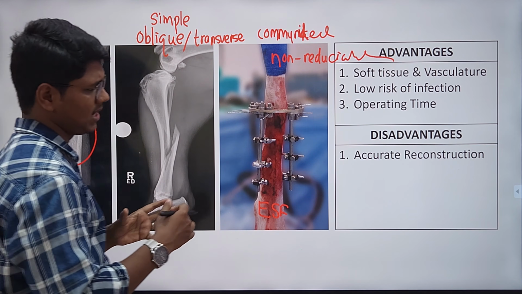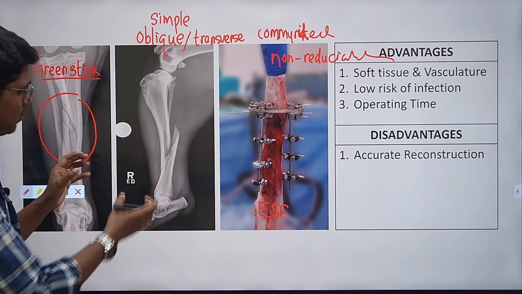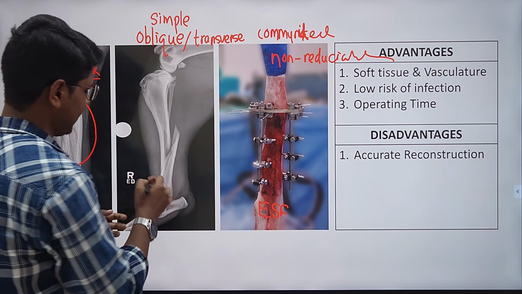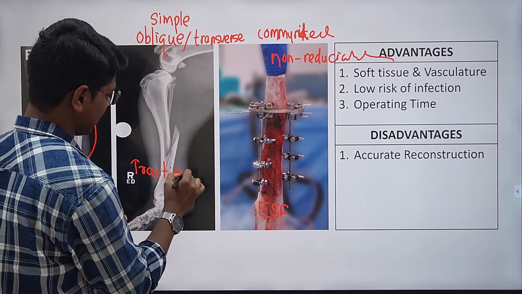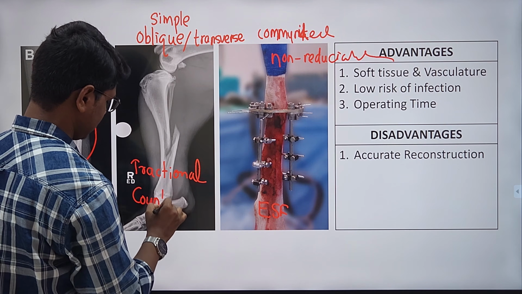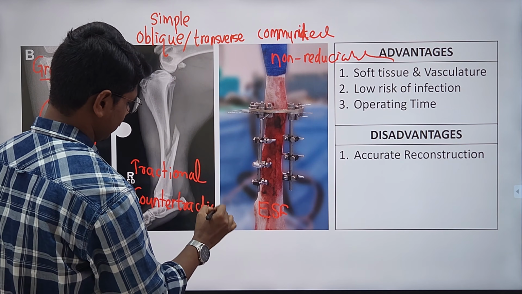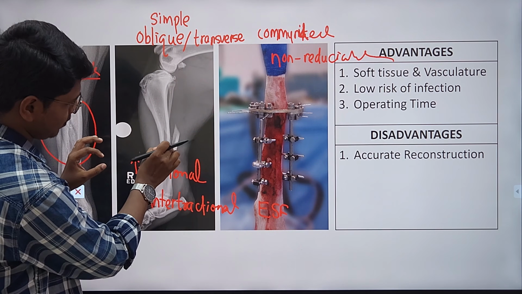There are some advantages and disadvantages of this particular closed reduction. Closed reduction simply means you will not open this surgically. By applying traction force, and also the counter tractional force, it means, see, this is a fracture, you have to reduce this one.